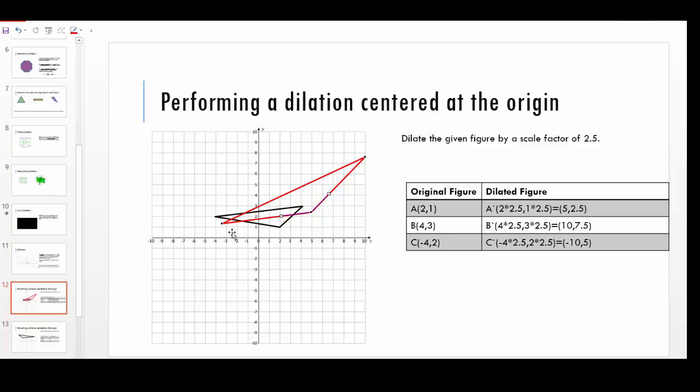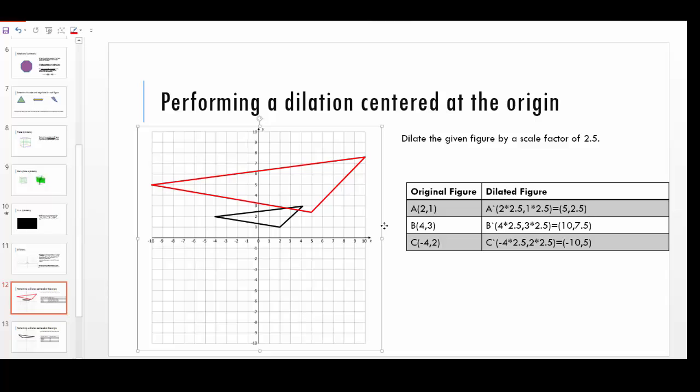And then C should be at -10, 5. So we can see that this red triangle is 2.5 times the size of the black triangle, and the dilation is centered at the origin. It's based on the distance from the origin. So that's how we increase during the dilation. We're going to do something similar where we shrink down on the next slide.